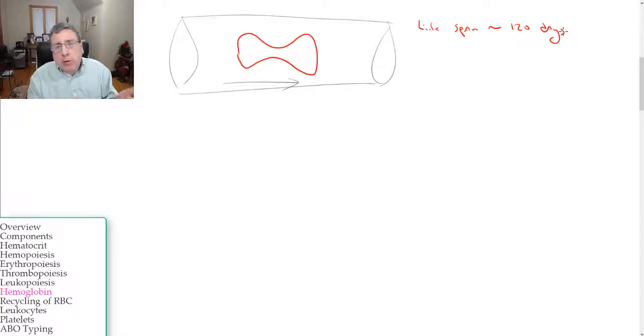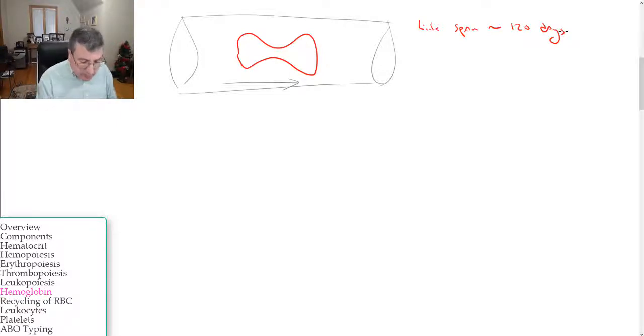The reticulocyte moves into your bloodstream, still has some ribosomes, and it takes 1 or 2 days for those ribosomes to degenerate and become a mature erythrocyte, or a mature red blood cell. It stays within your body for approximately 120 days, at which time it gets recycled. And I think in the next video, if I'm not mistaken, we'll talk about how red blood cells are recycled.